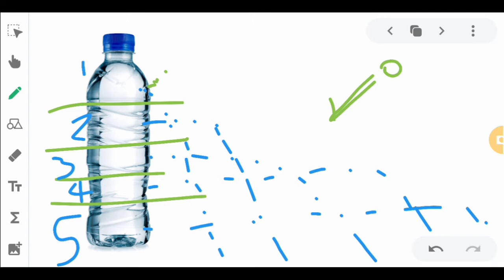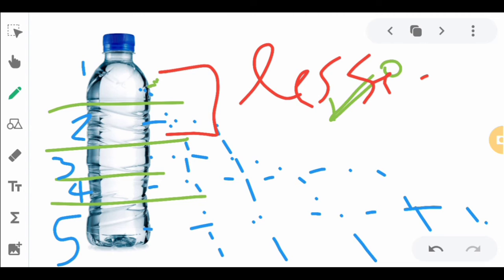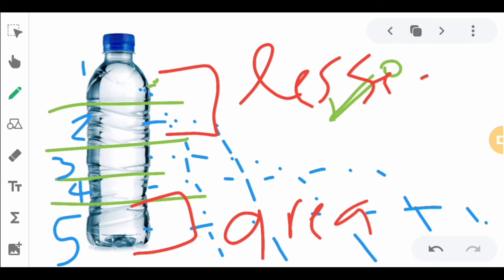So the point of this is the upper parts of the bottle here have a lesser pressure, and the bottom part of the bottle, let us say 3, 4, 5, or just 4 and 5, has a greater pressure compared to the upper part of the bottle. Why? Because again, the flow of the pressure is downward because of the gravity.